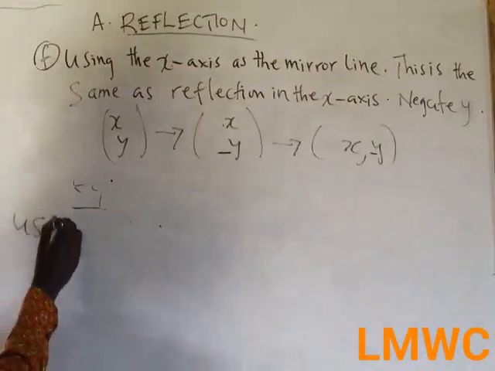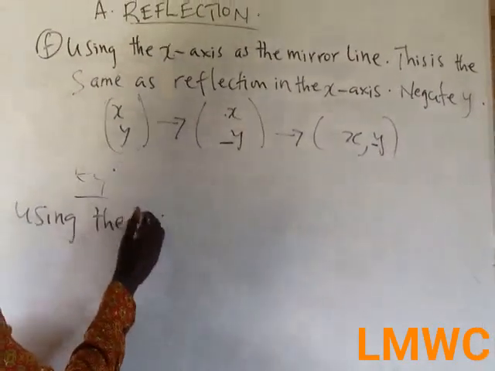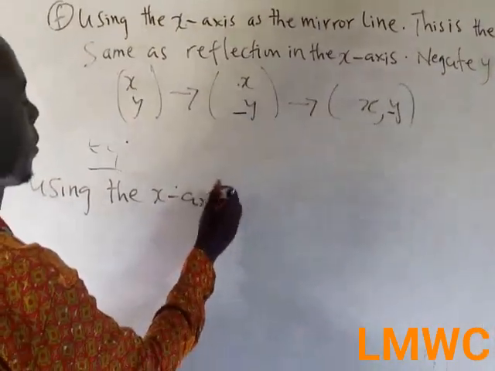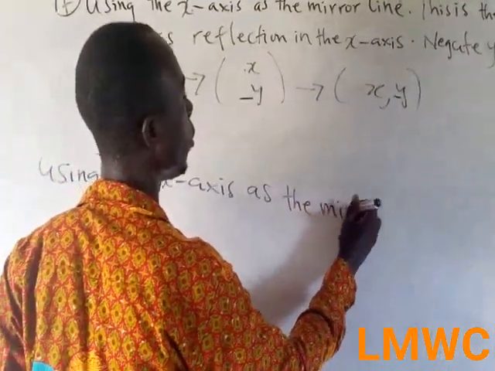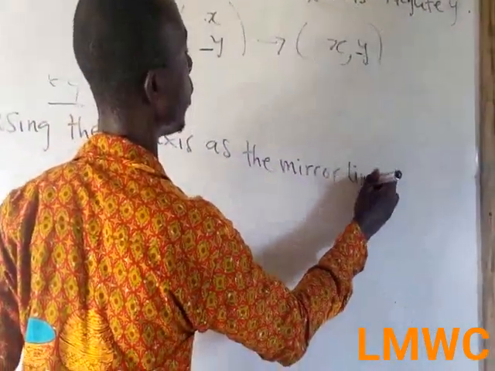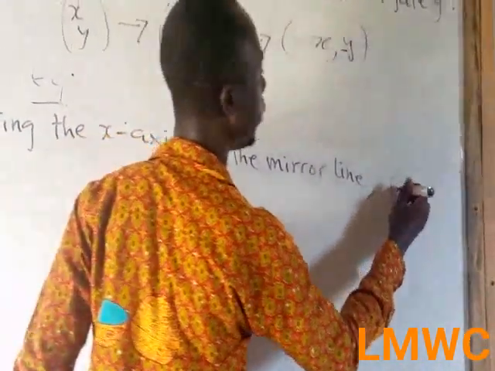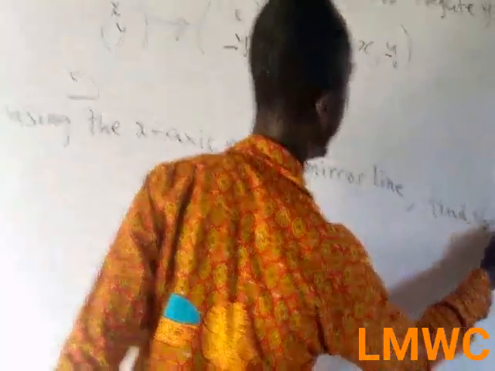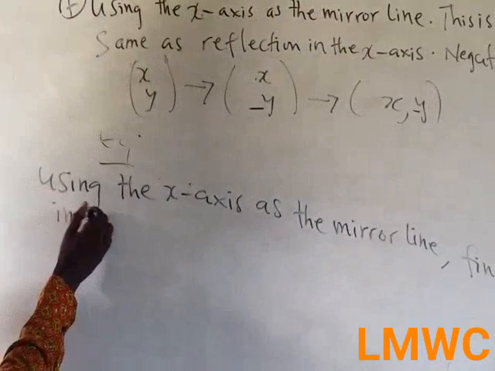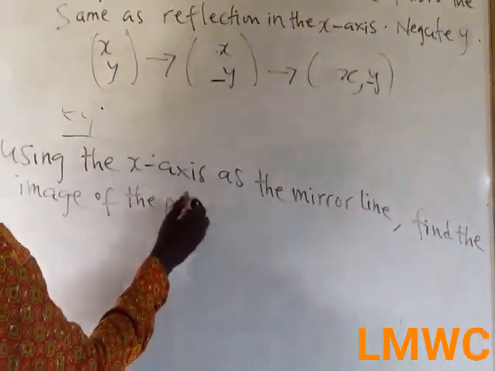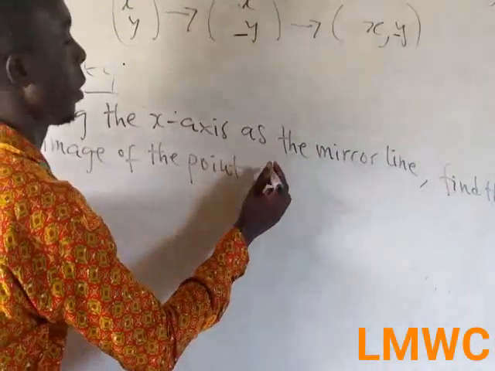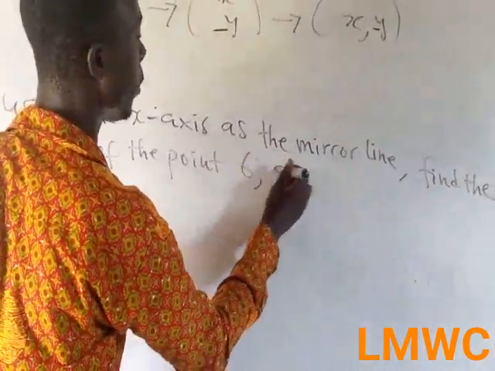Using the x-axis as the mirror line, find the image of the point (6, 9).